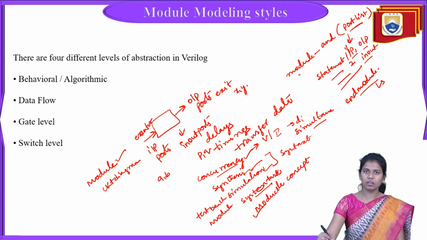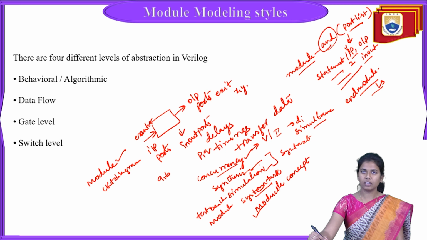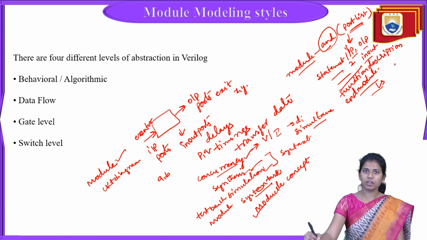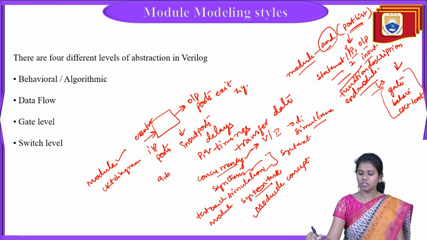So, we start with the module and end with the end module, and we declare the module name of the digital circuits along with the ports. Before the end module, we have a functional description. This functional description could be of gate level, behavioral level, or circuit level. These are the three functional descriptions present in Verilog.